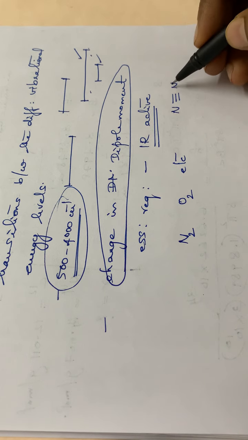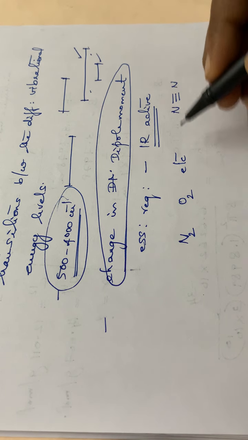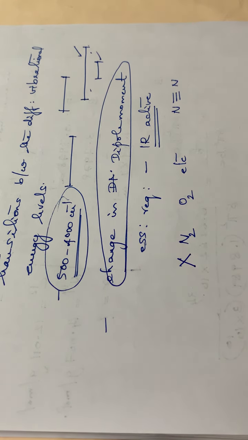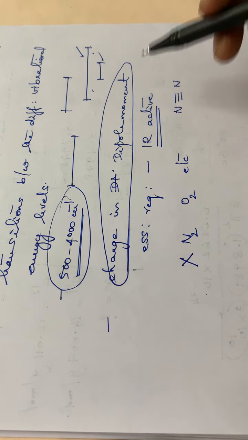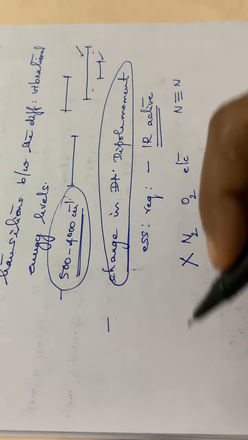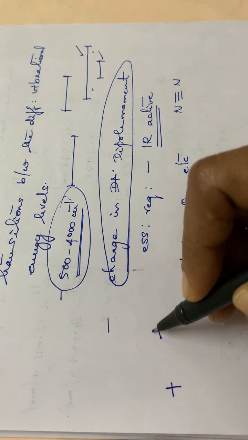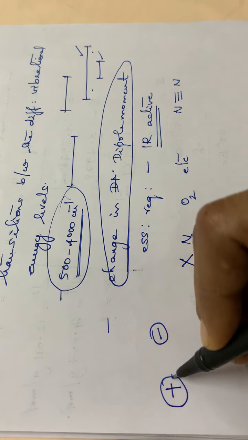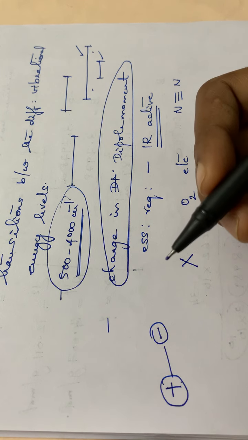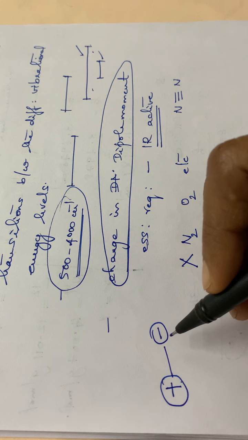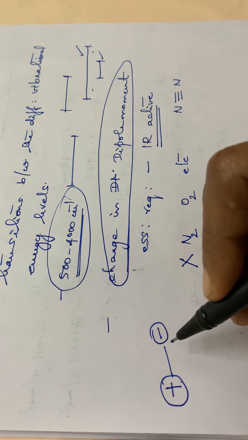No, both the atoms are the same, so they will not have any electronegativity difference. Only if there is an electronegativity difference will there be a change in dipole moment. Dipole moment means a charge separation with a distance: positive and negative charges separated by some specific distance. Then only will that molecule have a dipole moment.